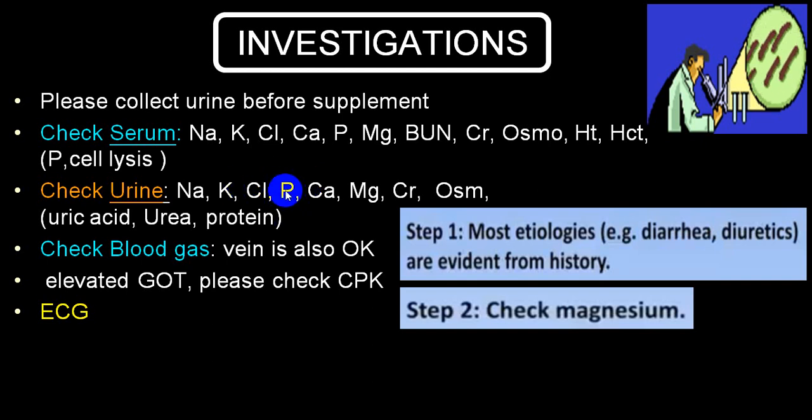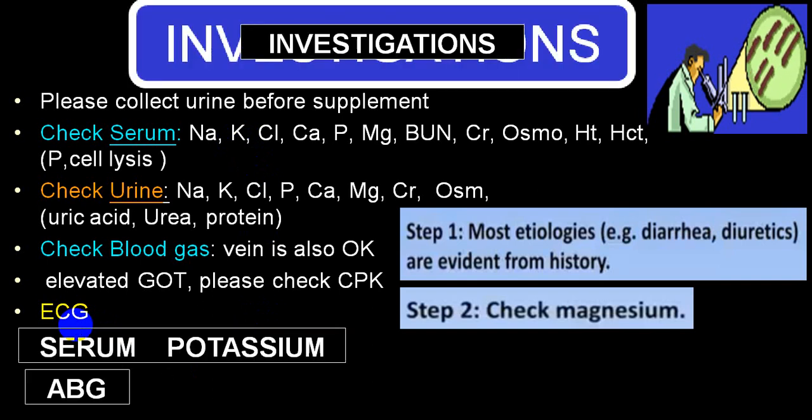That will help to differentiate renal parameters. And ABG to find out acidosis or alkalosis, whether it is metabolic or respiratory. But in case of metabolic alkalosis and acidosis, potassium balance will be disturbed. So that will be very helpful. And don't forget ECG examination.